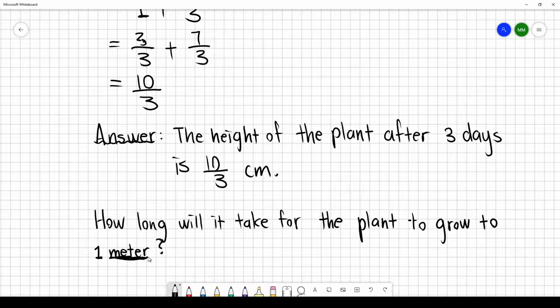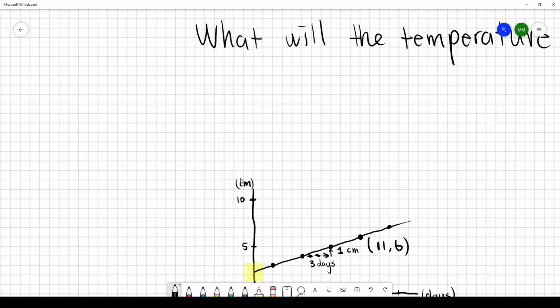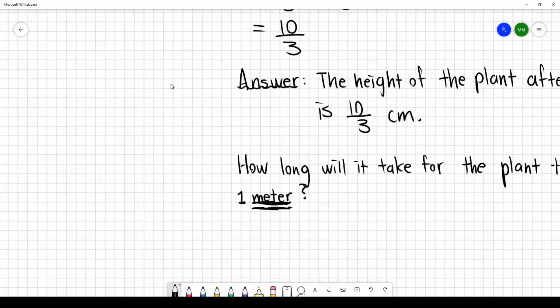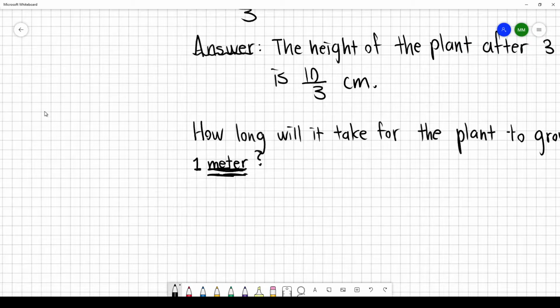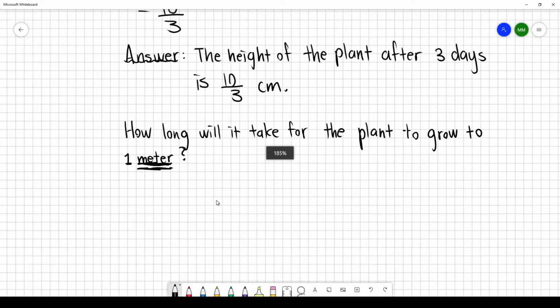Be careful here, okay? It's meters, so you need to do something else before you can. So the y-axis, if you don't remember, is in centimeters. But this question is in meters. So you probably need to convert it first. The units must match. So try again.